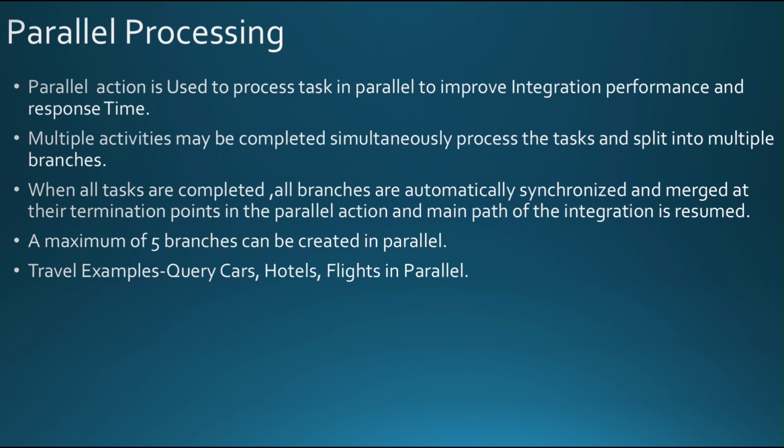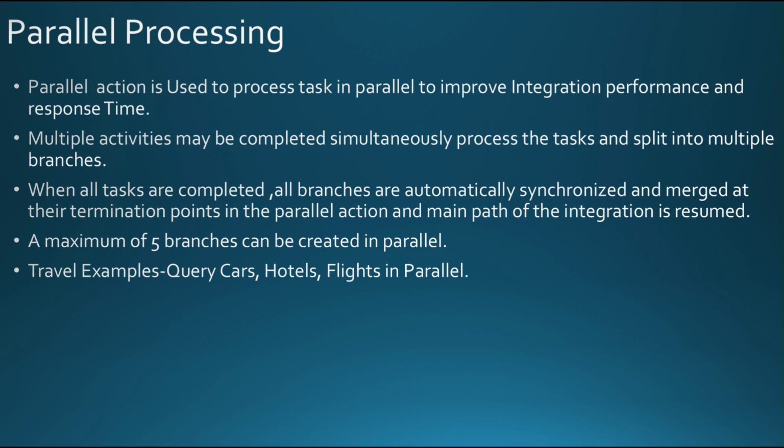So by using parallel processing, multiple activities may be completed simultaneously to process the tasks, split into multiple branches. When all tasks are completed, all branches are automatically synchronized and merged at the termination points in the parallel.